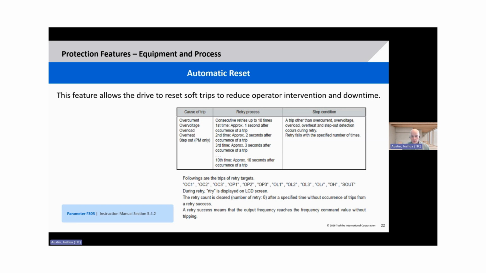This is incredibly useful in applications where you may experience a nuisance trip that's not related to that specific VFD or motor. Maybe it's something with the process or the system, and you know it's okay to automatically reset that fault. That's going to reduce having to send somebody out in person to that VFD to reset that fault.